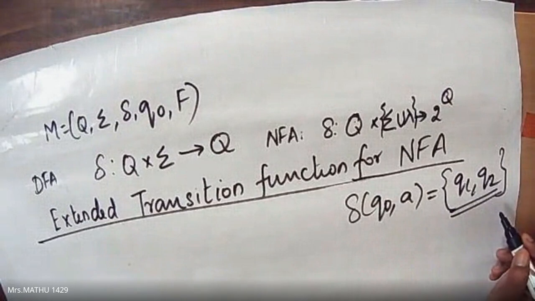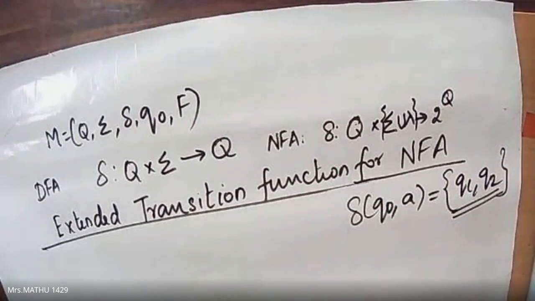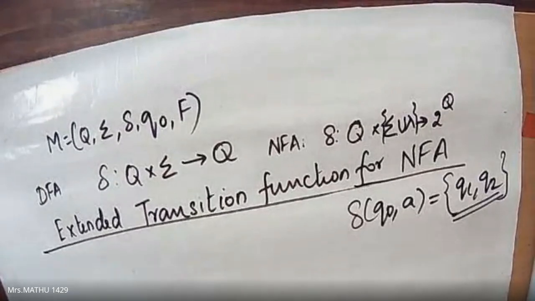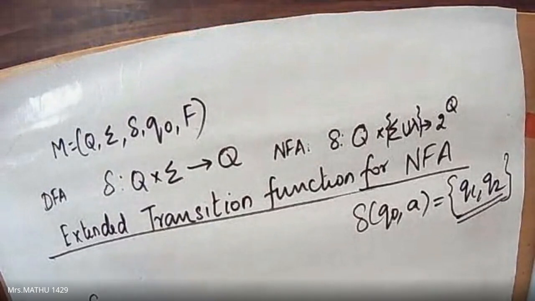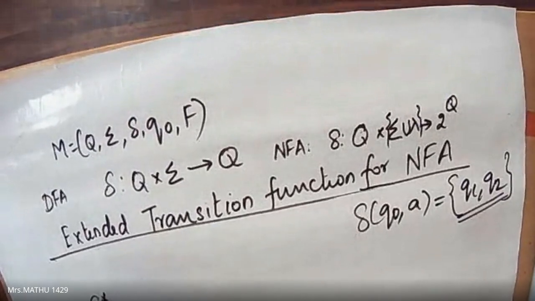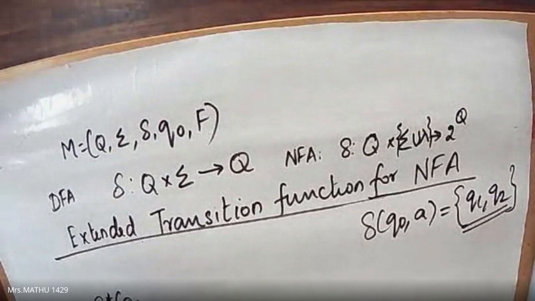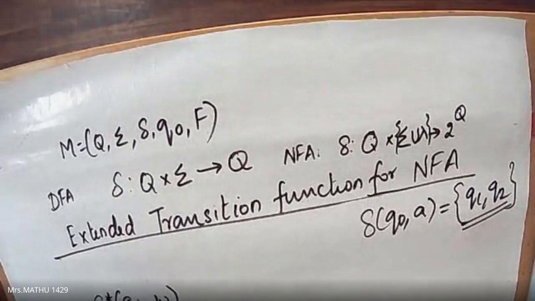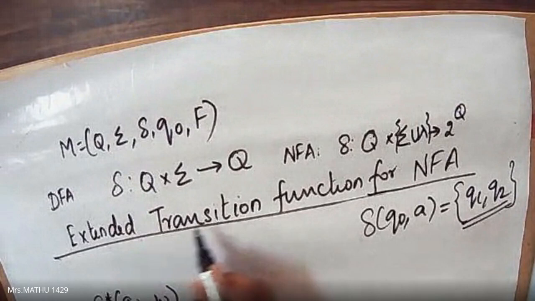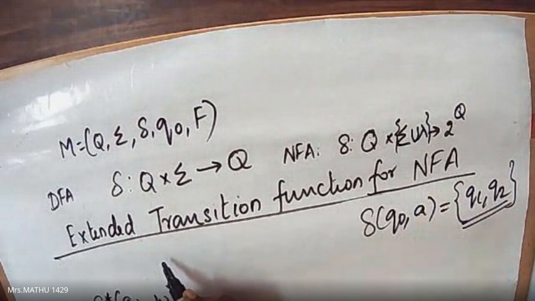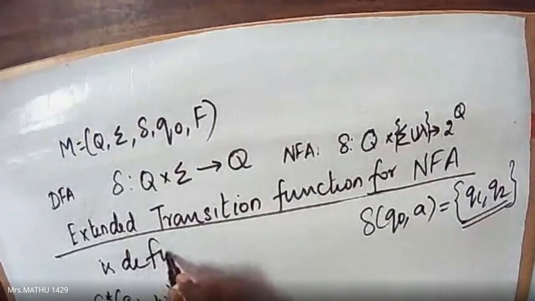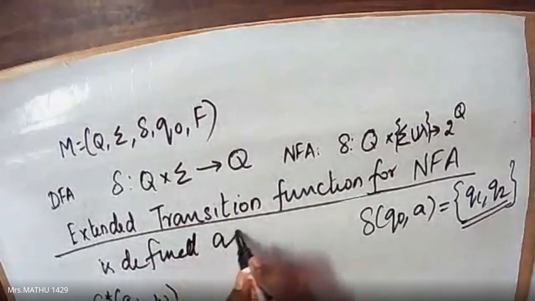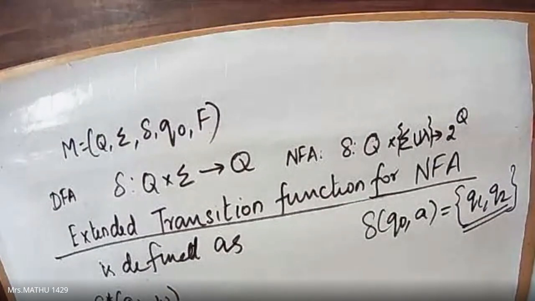In non-deterministic, the extended transition function for this NFA can be defined as delta star of Qi comma W. You can write it. The extended transition function for NFA is defined as delta star of Qi comma W contains.